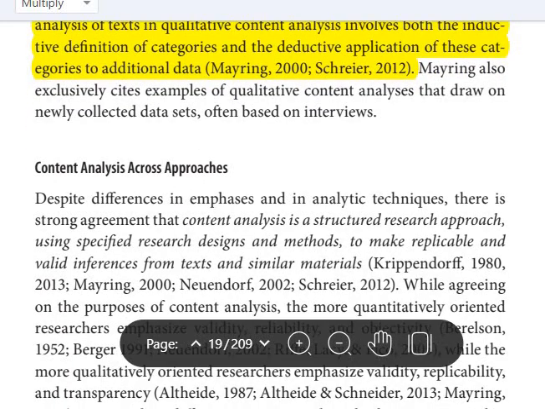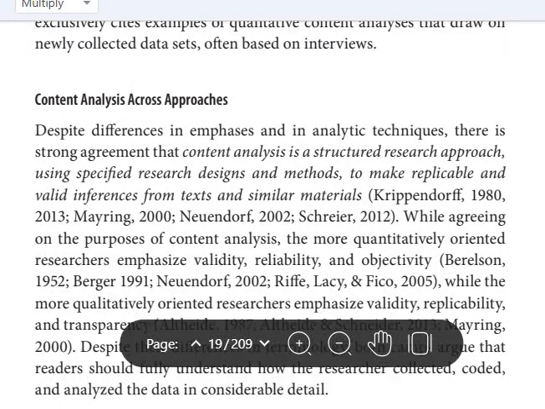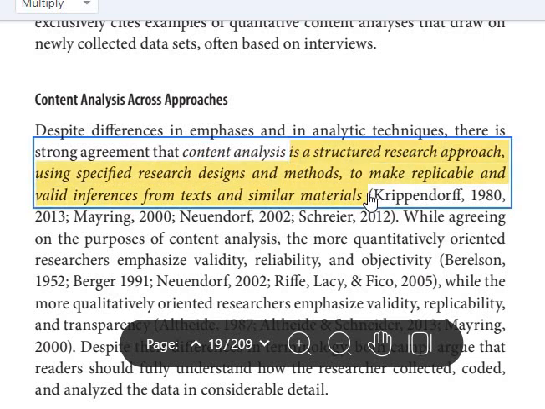Now, what about the content analysis across approaches? Again, we should understand that whatever kind of content analysis we use, this content analysis, as it is italicized here, is a structured, systematic research approach. We should understand the word systematic, okay?